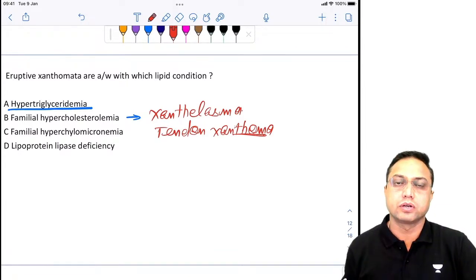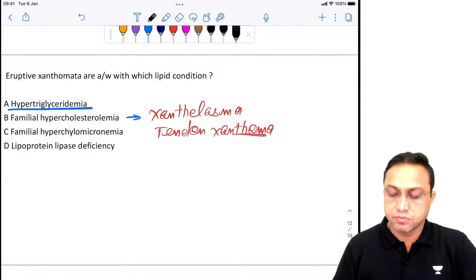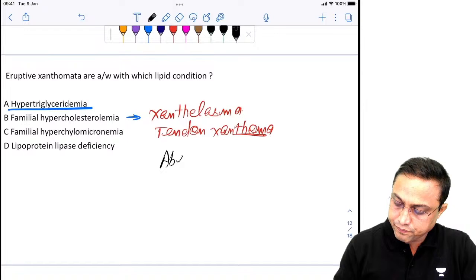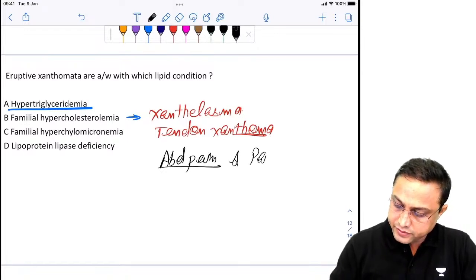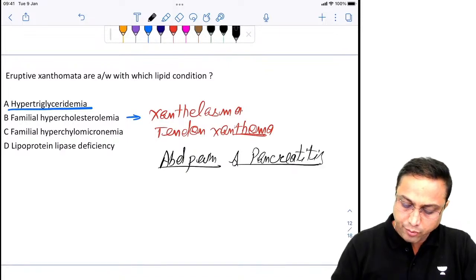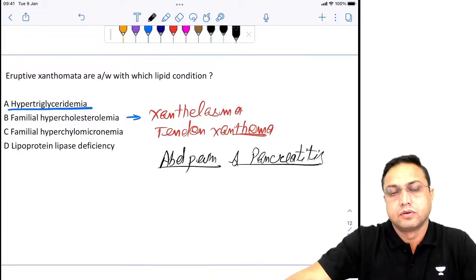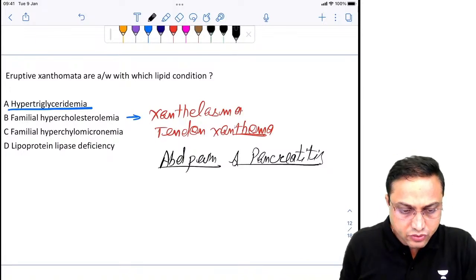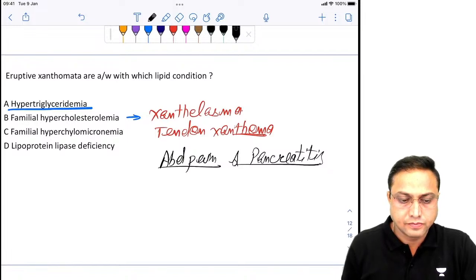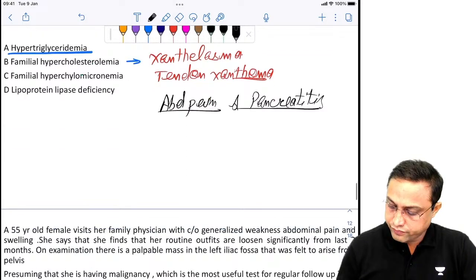Because you may encounter a question where a characteristic feature is that these patients generally have abdominal pain and pancreatitis, right? So this was an easy question. We can proceed with the next question.